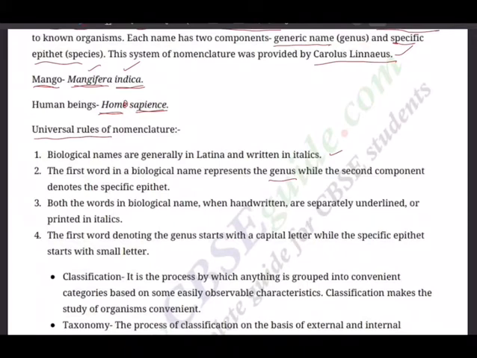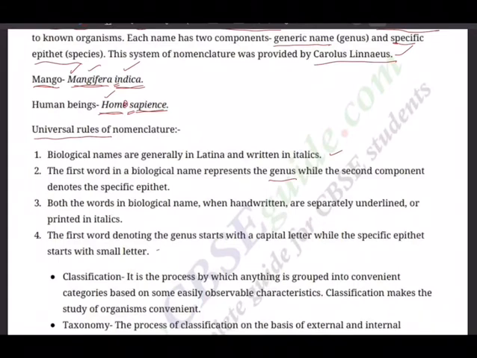Look at this: Mangifera, M capital letter, Homo sapiens, H capital letter. While the specific epithet starts with a small letter: Mangifera indica, i is a small letter, Homo sapiens, s is a small letter.